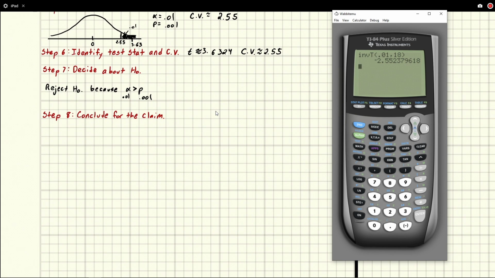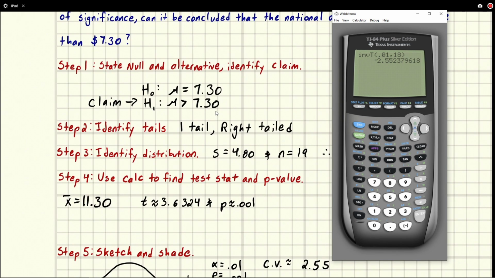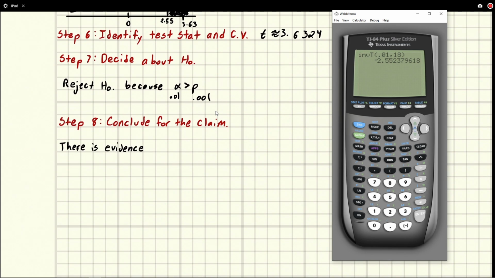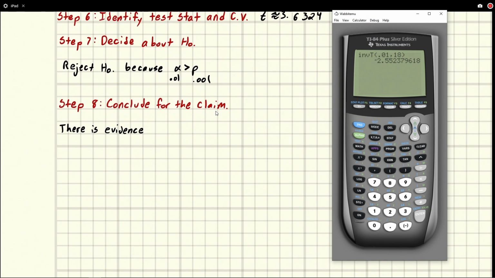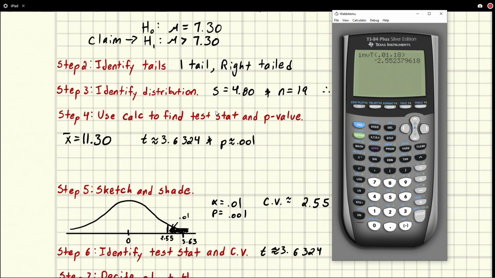Now step 8, conclude for the claim. So if we reject H naught, meaning that we don't like this one, we don't think this one's right, that means we support this one. So we would say there is evidence. We can't say for sure that it's true just because we only did one study with 19 people, but we definitely have evidence to support the claim that, and now we have to state what the claim really was in words.